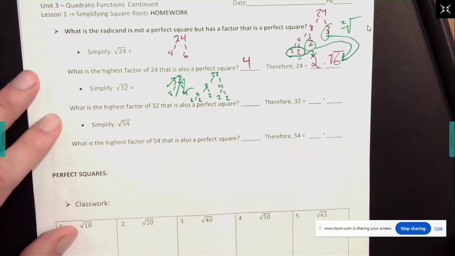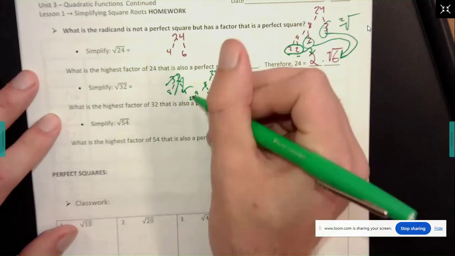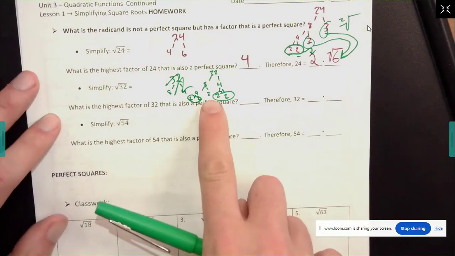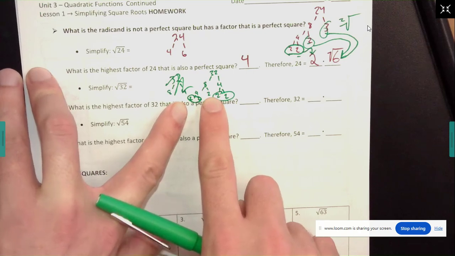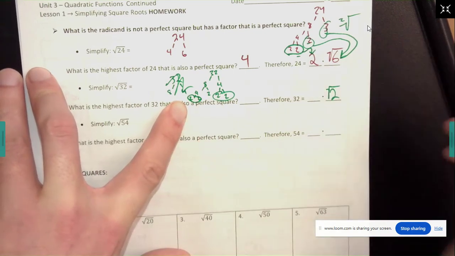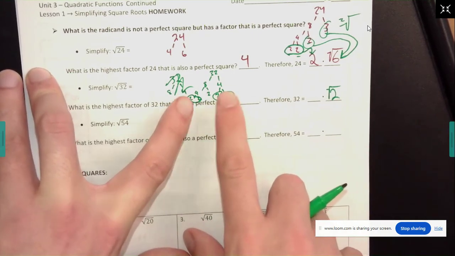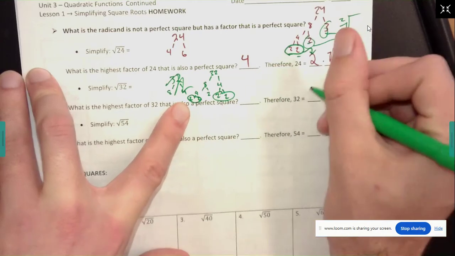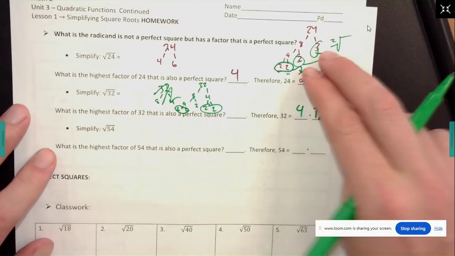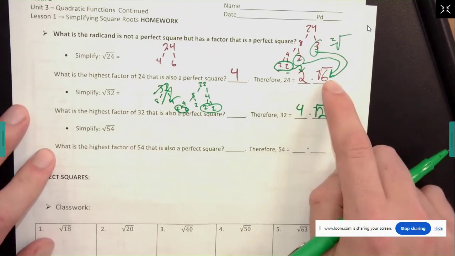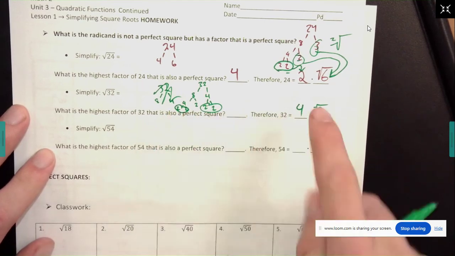Let me pair them up. I have a pair of 2s here and a pair of 2s there. I have this 2, but since I already paired these up, it has nothing to pair with. So whatever's not paired stays on the inside. I have 2 pairs of 2s, so let me multiply that 2 and that 2 together to get 4. Things that stay on the inside multiply together to get whatever's on my inside. Paired up numbers I can multiply together to get what's on my outside.